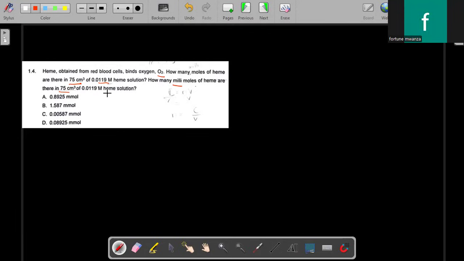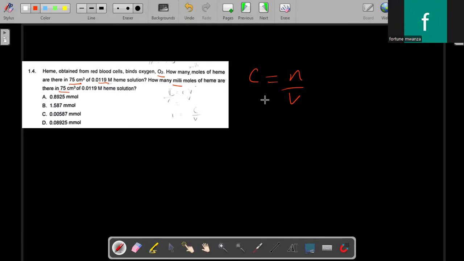Okay, so here you know that for us to get the number of moles, you have the concentration here. So if you relate the mole concentration and the number of moles, you know concentration is given by number of moles divided by volume.